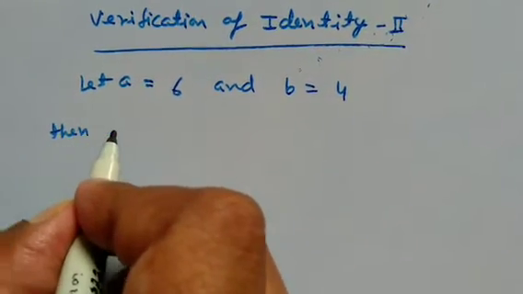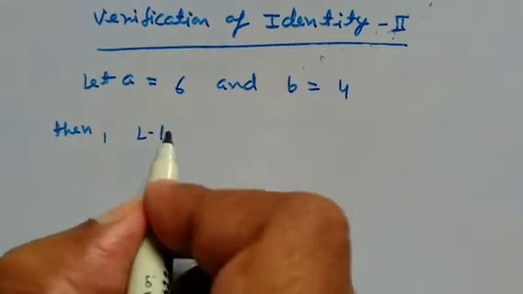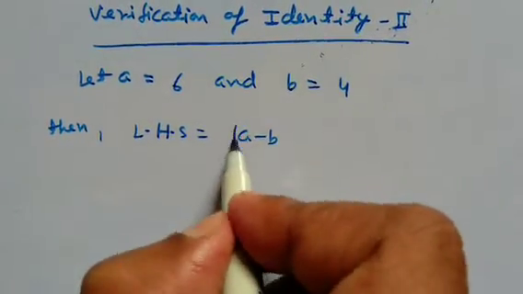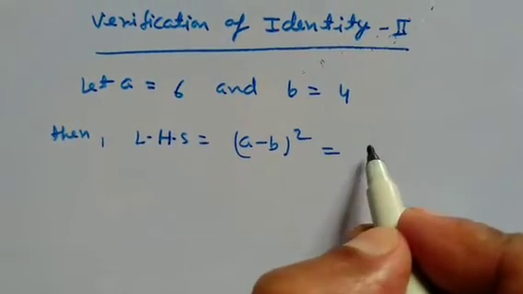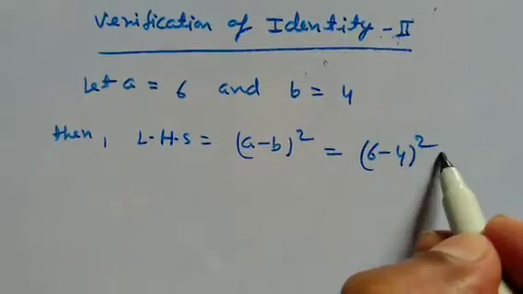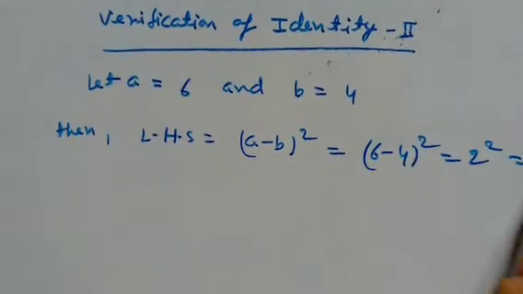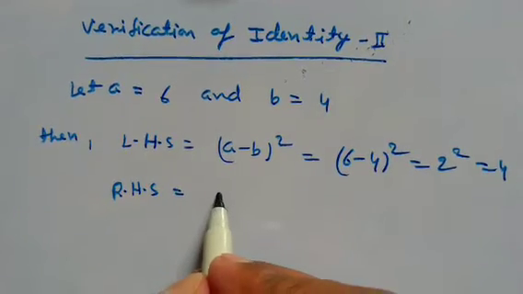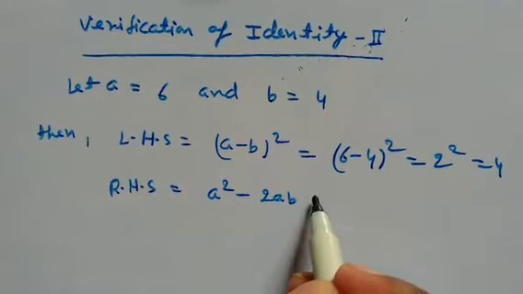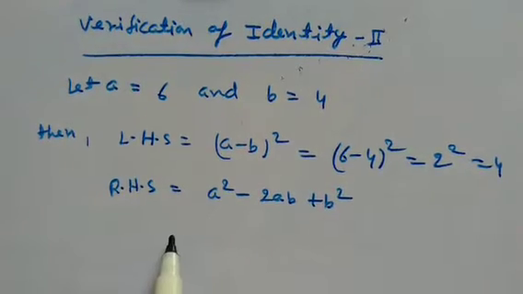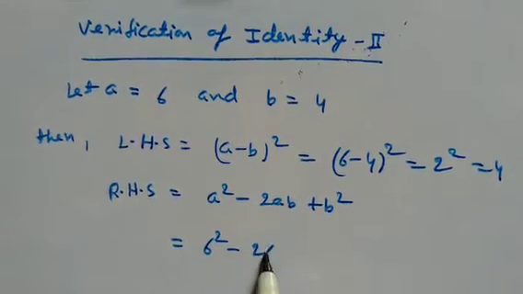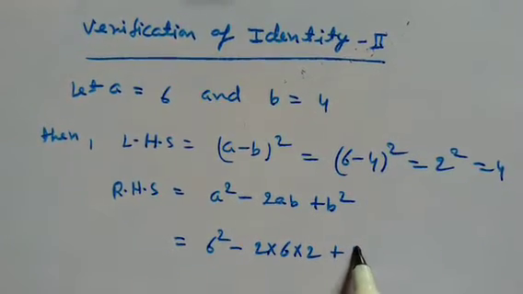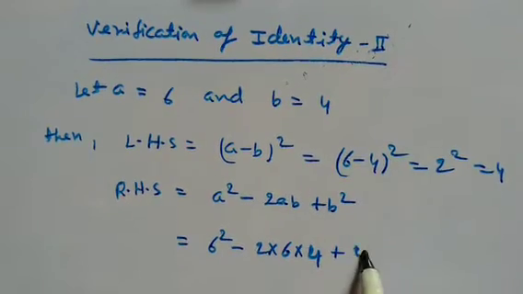Then LHS of identity 2 equal to (a minus b) whole square equal to (6 minus 4) whole square equal to 2 square equal to 4. Now RHS equal to a square minus 2ab plus b square equal to 6 square minus 2 into 6 into 4 plus 4 square.